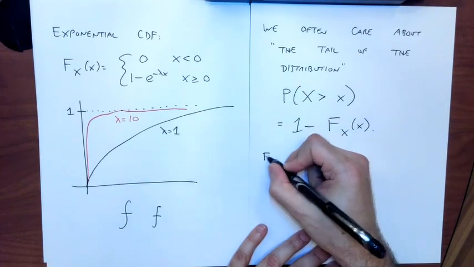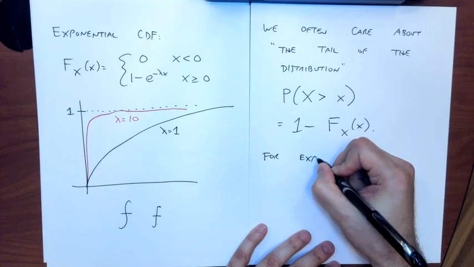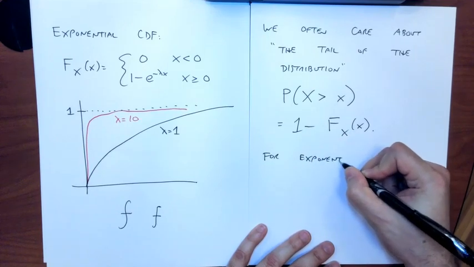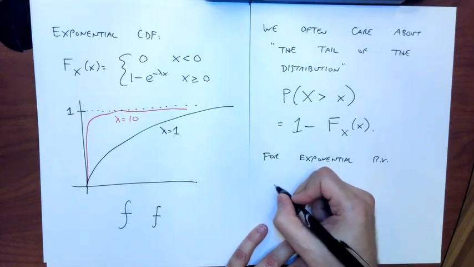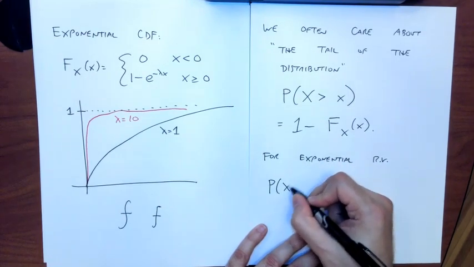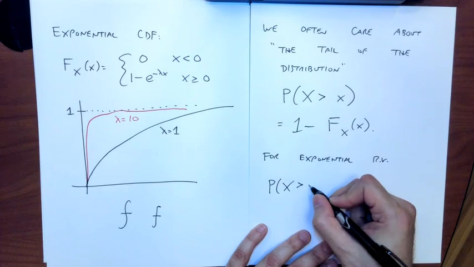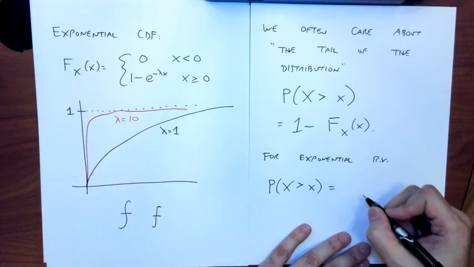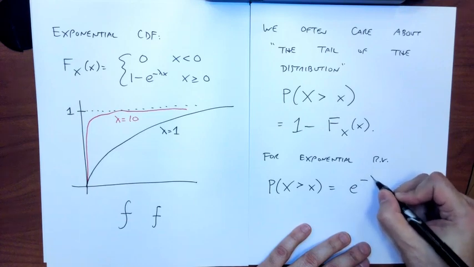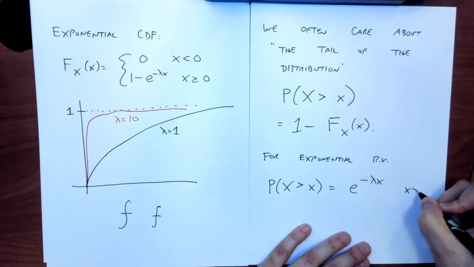So for exponential, I can see that the probability that I'm greater than some value, that I'm in the tail, is 1 minus this thing. So it's basically e to the minus lambda x when x is greater than 0.